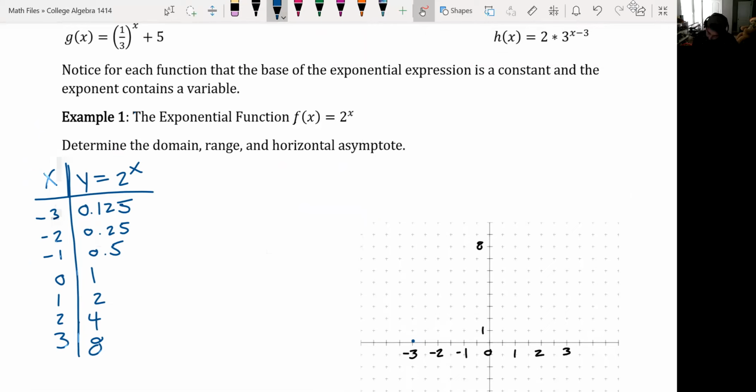At -2, we're at 1/4, not much higher. -1, we're at 1/2. 0, we're at 1, which is perfect. And then 1, we're at 2. 2, we are at 4. And 3, we are at 8.